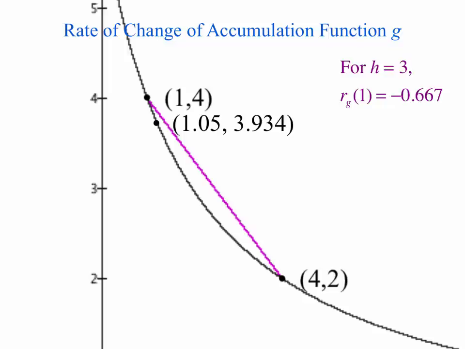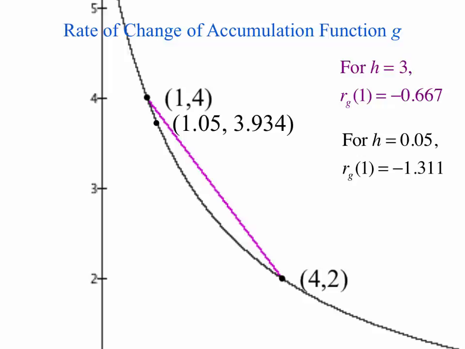Can you imagine through those 2 points, or along that curve there, the rate of change will be more negative. The exact rate of change should be more negative than this. What'd you get? Negative 1.311? Okay.